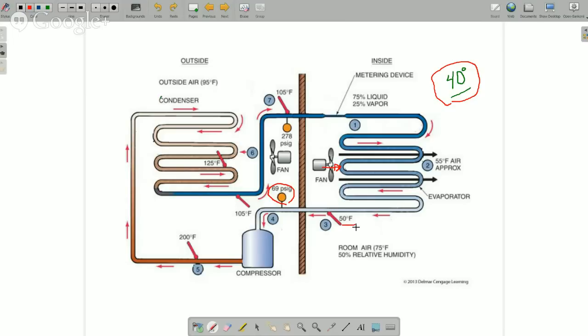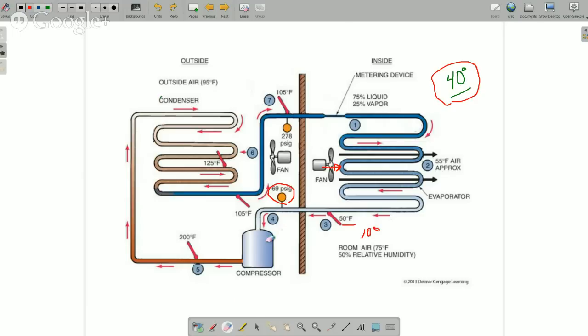And when you want to measure your superheat, you look at your pressure, you convert it to a temperature, and then you find the difference between the suction line temperature and what you're reading on your gauge as the temperature of the refrigerant in the middle of the coil. And in this case, we have 10 degrees of superheat.